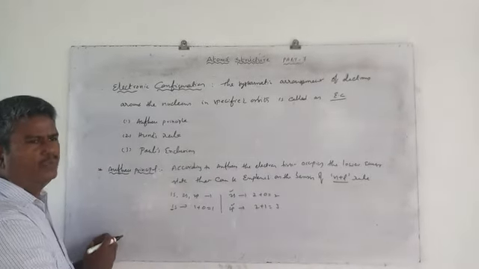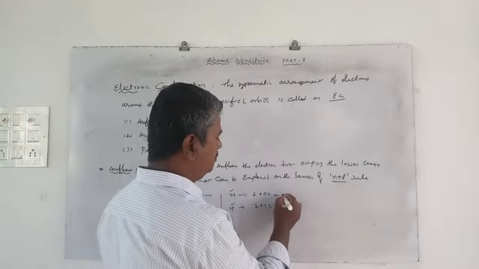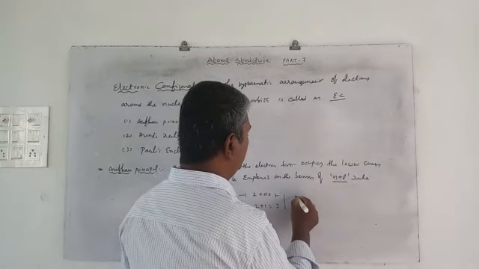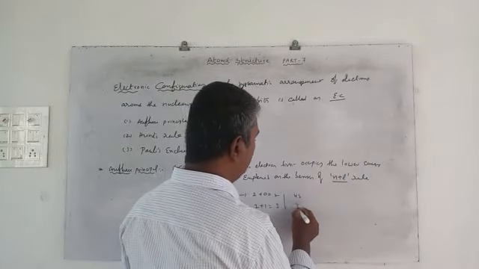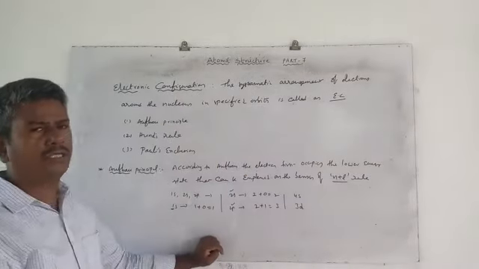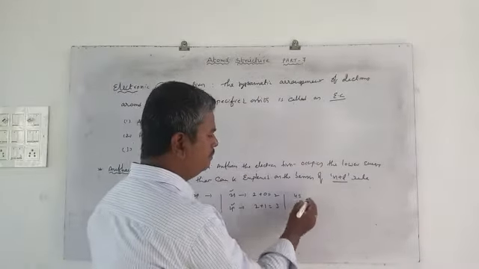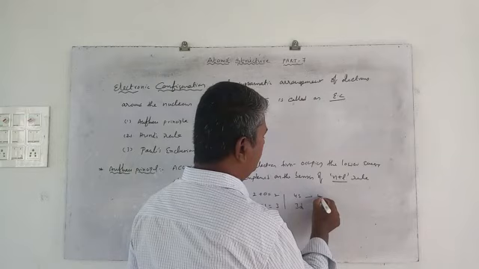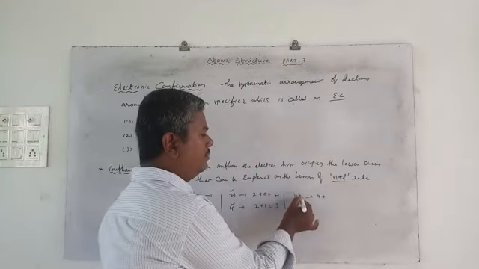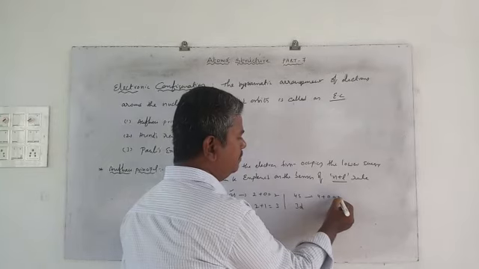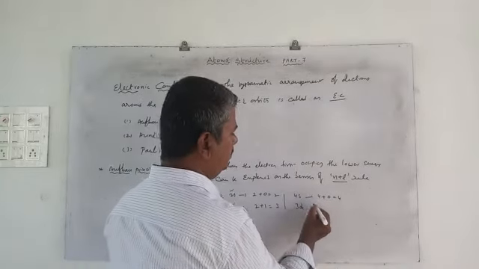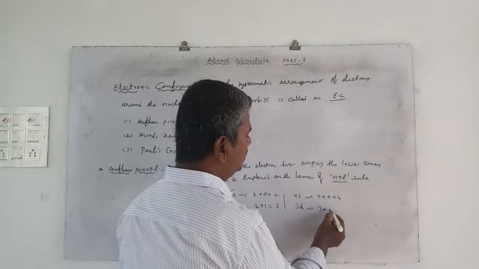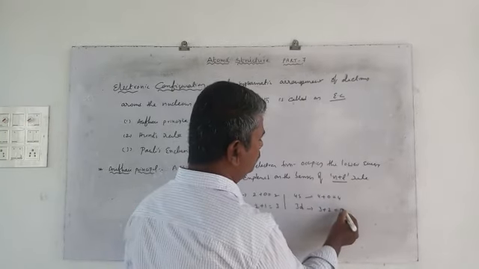Next, suppose the case of 4s and 3d. Observe here: for 4s, the principal quantum number is 4 and the L value of the s orbital is 0, so we get 4. For 3d, it is 3 plus the L value for d, which is 2, so we get 5.